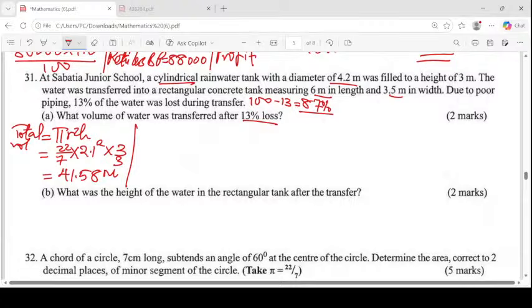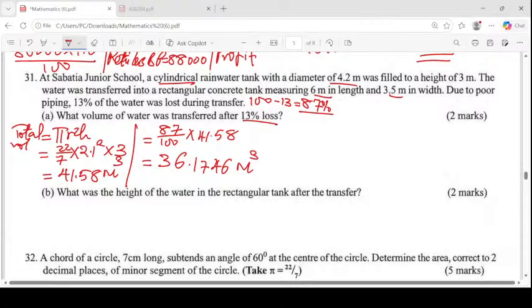So what is 87% of this? You take 87/100, multiply this by 41.58. This will be 36.1746 cubic meters. That is the volume of water that got transferred.